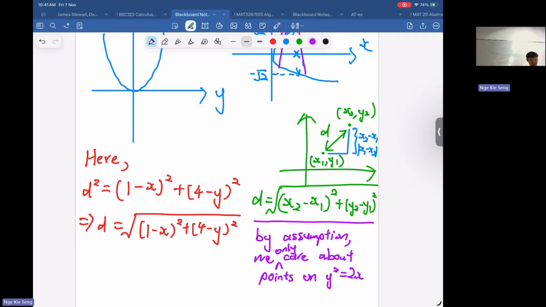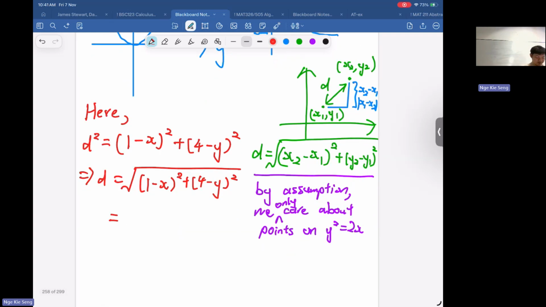So what do you think? You want to substitute y squared or you want to substitute x? You want x? Okay. So one way we could see is maybe we write our curve as x equals y squared over 2. Then we can substitute this x.